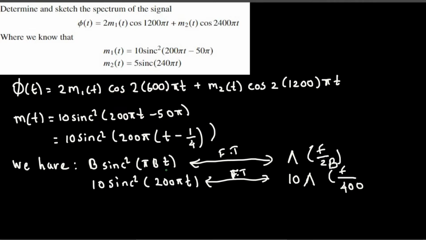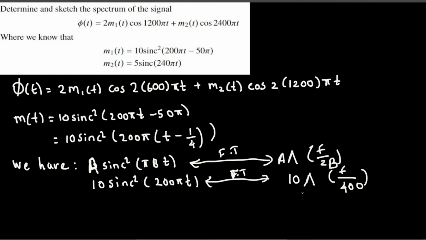You see, the value that is multiplying with pi t is the b, so that one is multiplied by 2 and we get 400. And okay, this is the amplitude, so this one is A, this is 10.